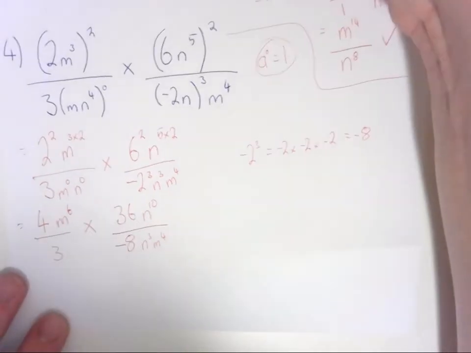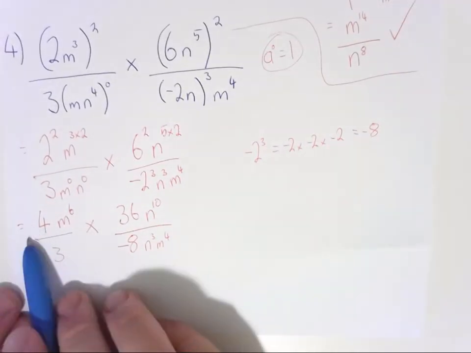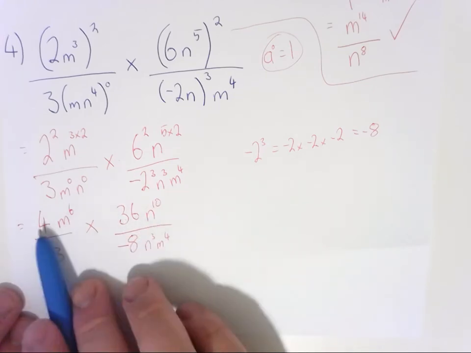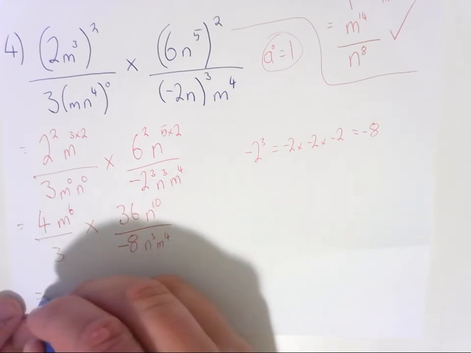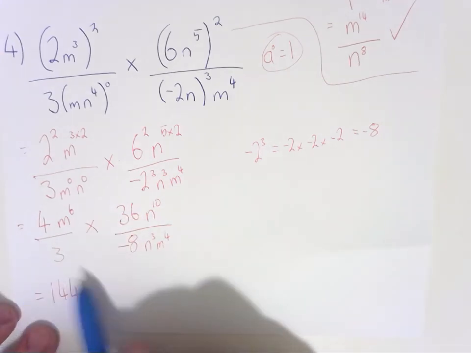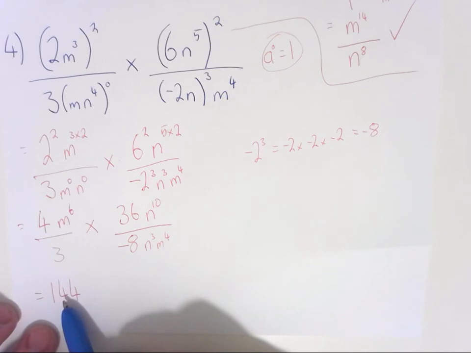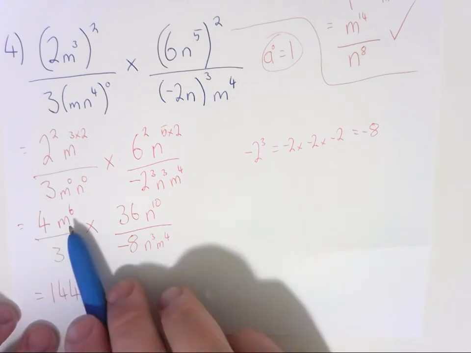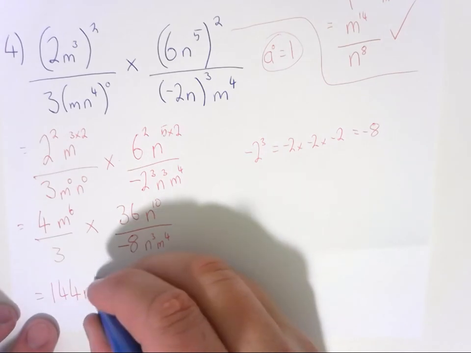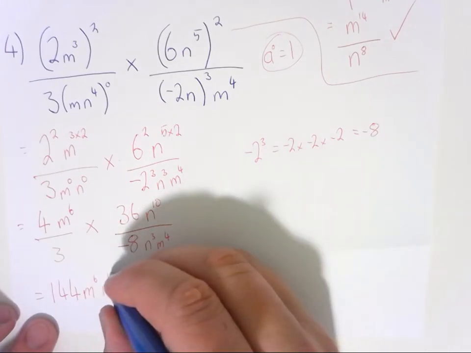So what I need to do for this is 4m to the 6 times 36 n to the 10. Now 4 times 36 is 144. Again, use a calculator. I did. Don't try to do that one in your head if you can't. m to the 6 times n to the 10. We just leave it as m to the 6 n to the 10.